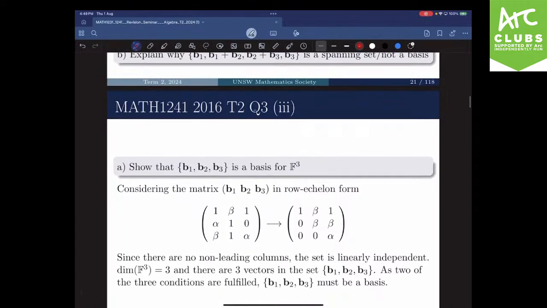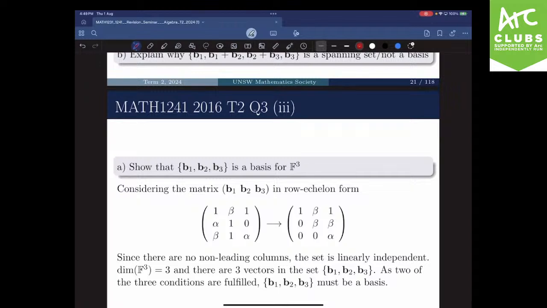Well, we put it in row echelon form. And after we put it in row echelon form, we can see that each column is a leading column, and there are no non-leading columns. So the set is linearly independent. And we note that F3 has a dimension of 3.